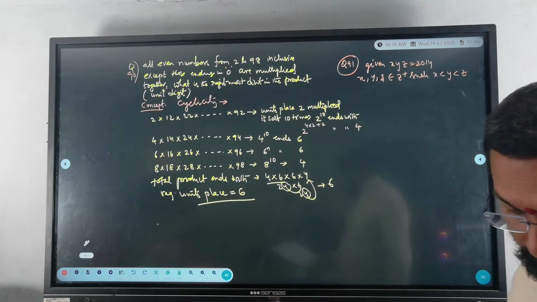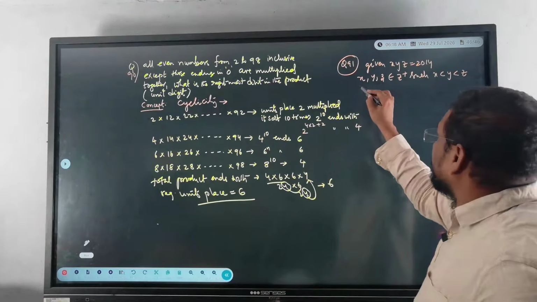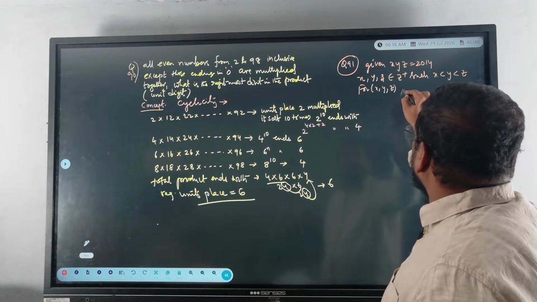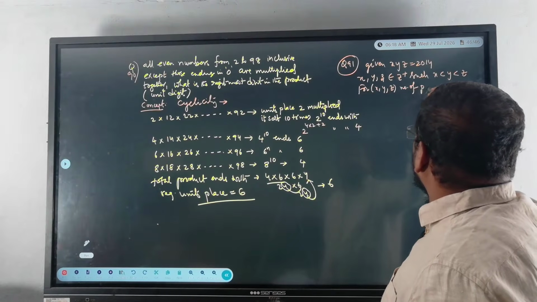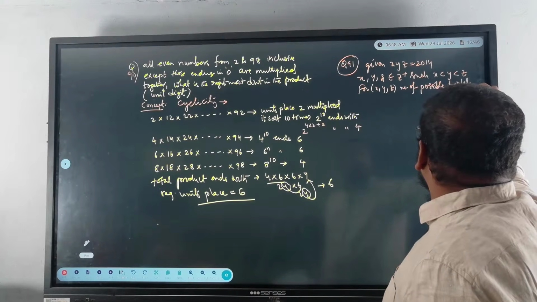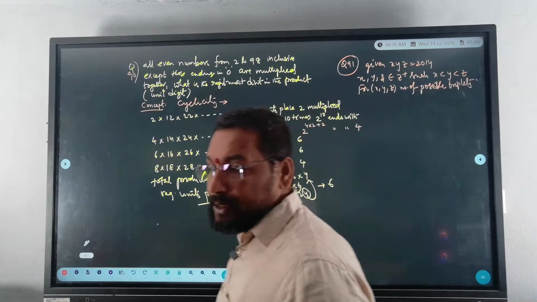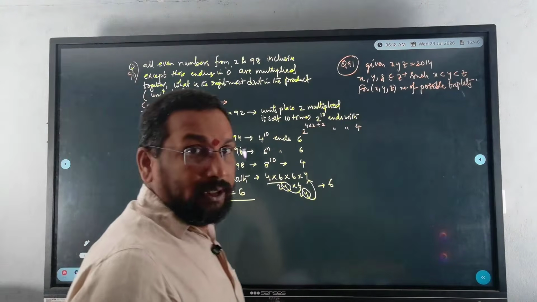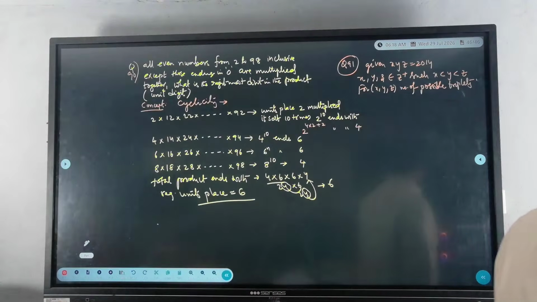How many possible triplets for xyz? That depends on divisibility rules. Try it, simple question.